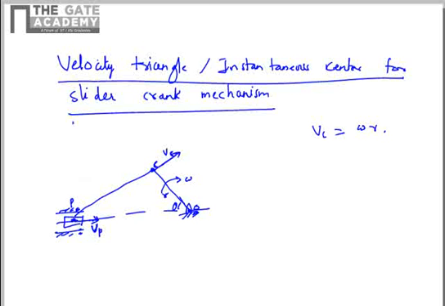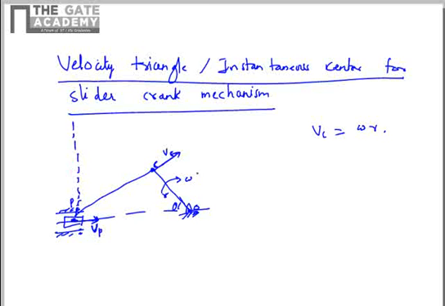To find the instantaneous center, we have to draw a line perpendicular to Vp. Since Vp is parallel to PO, the line connecting the piston to the crank center, this line will be perpendicular to PO.